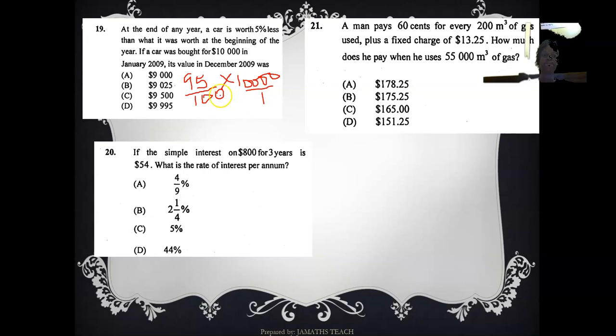So zeros would cancel at the end. 95 times 100, 9,500. So easily we have C as our answer.